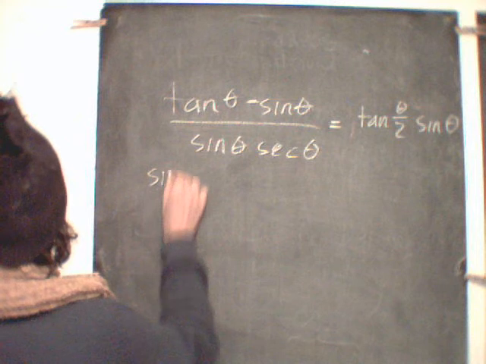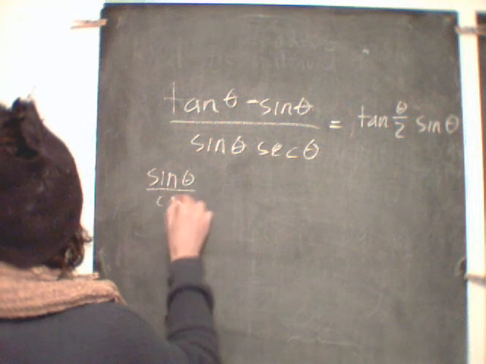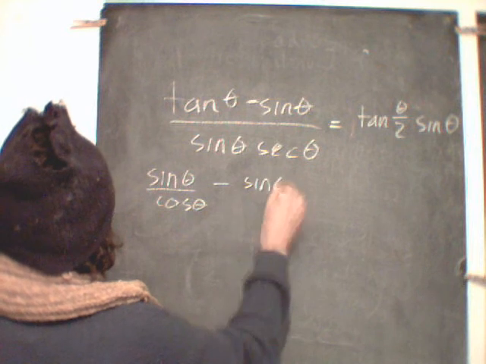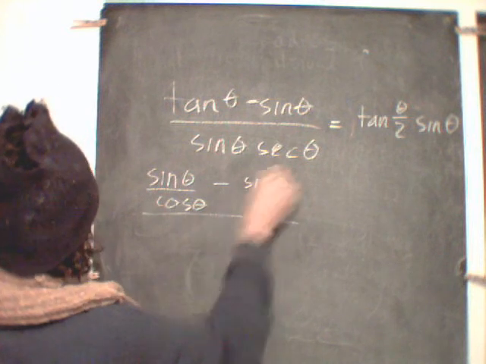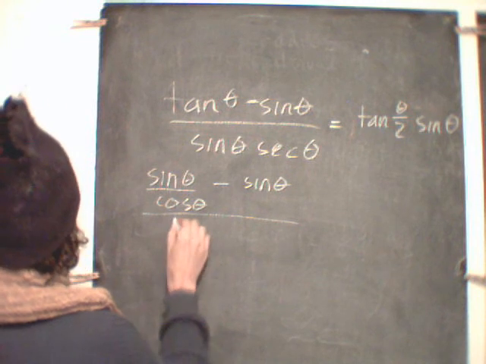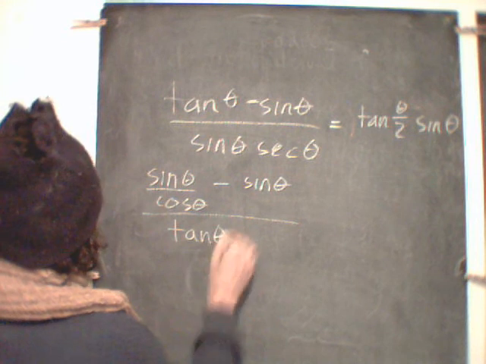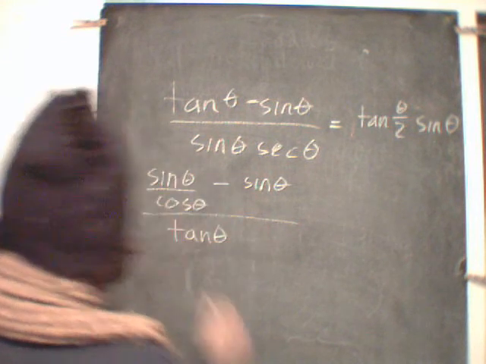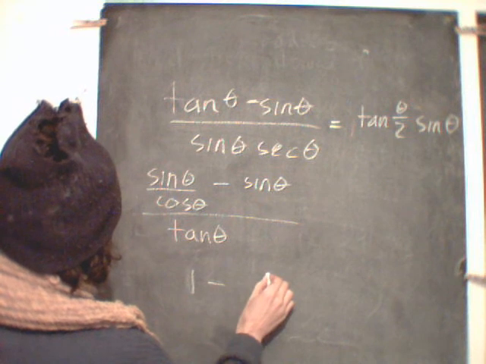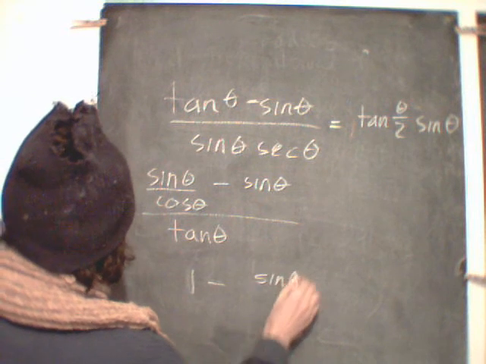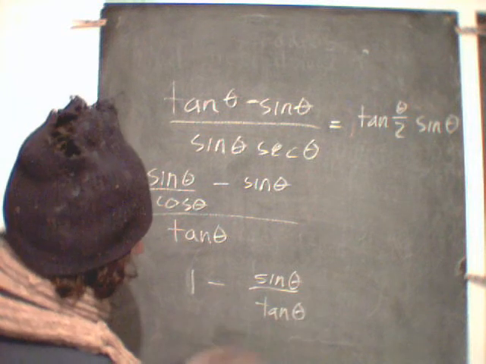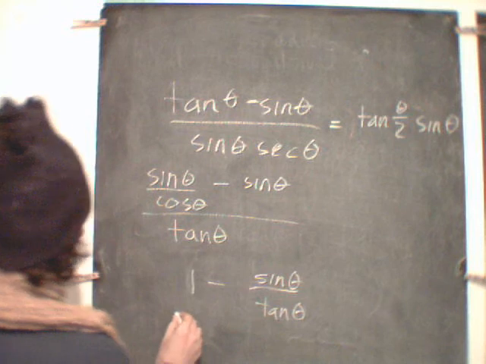So I get sine over cosine minus sine, and then this is sine over cosine. That's actually just tangent. I'm just going to leave that as that. Divide through, and you get a 1 right here. 1 minus sine over tangent, which is, that's just 1.